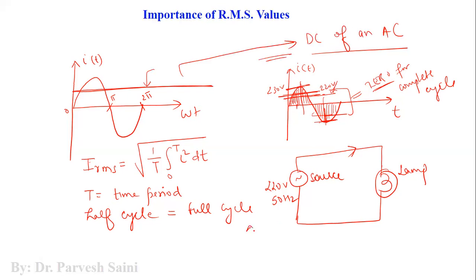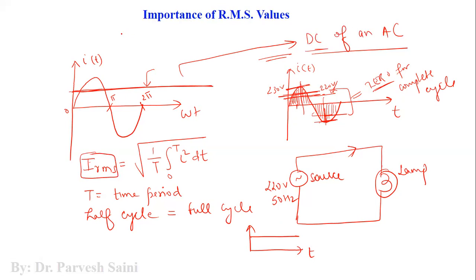Because if you see a DC, DC is basically constant and unidirectional. So we have adopted globally the RMS value to signify the magnitude of the alternating signal.